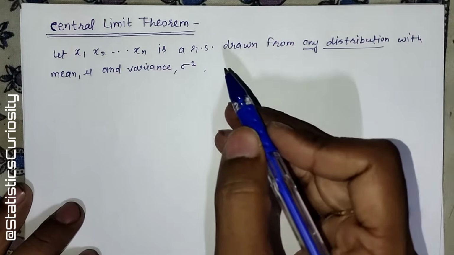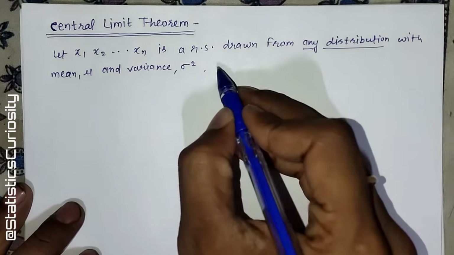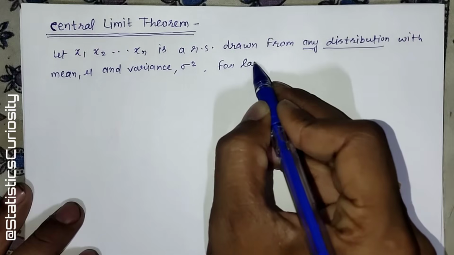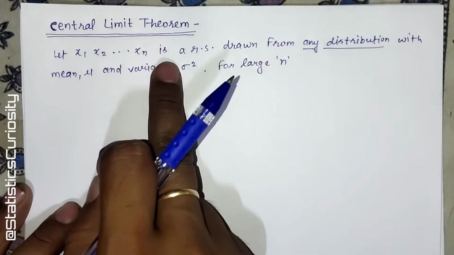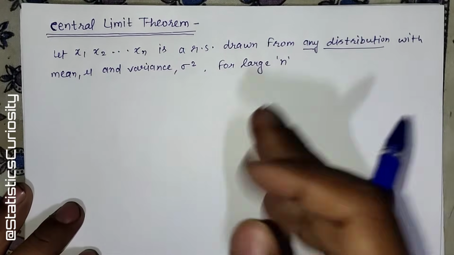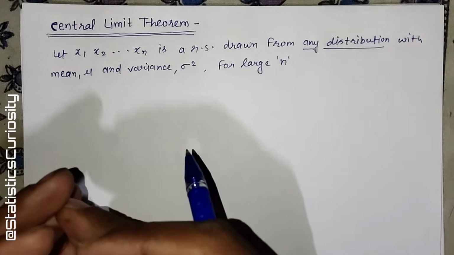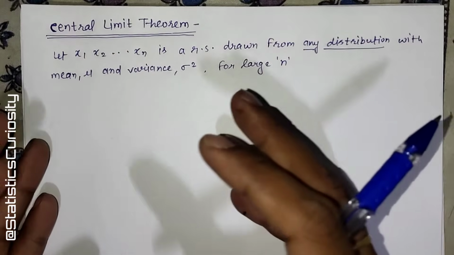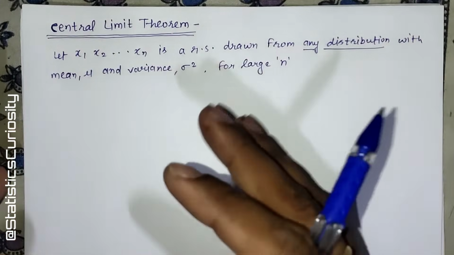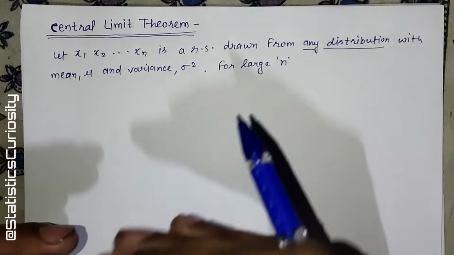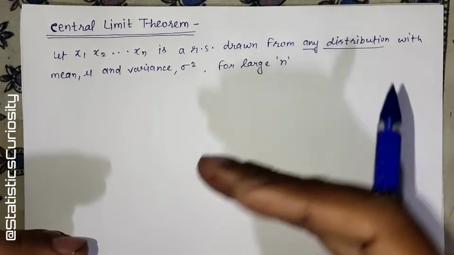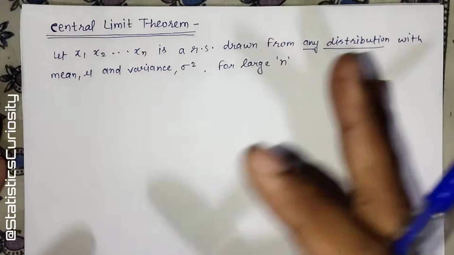Now according to the central limit theorem, for large size n, n being the random sample size, for large n means n tends to infinity, but the central limit theorem holds good for n greater than 30. So in general, when n is greater than or equal to 30, we consider it a large sample size.